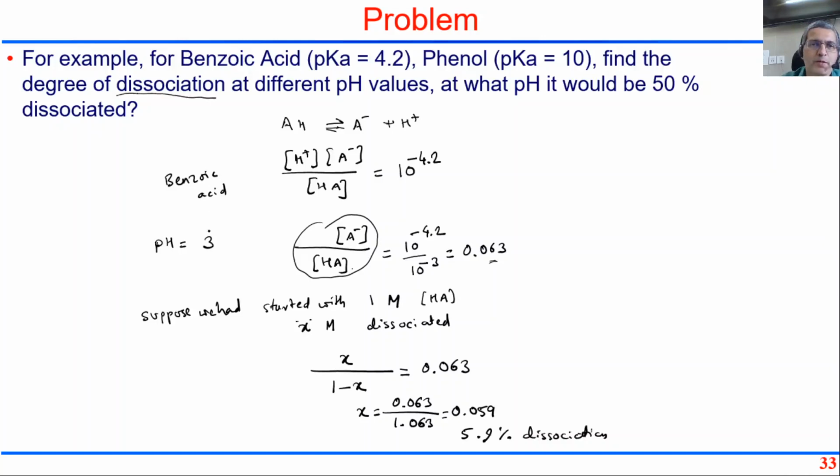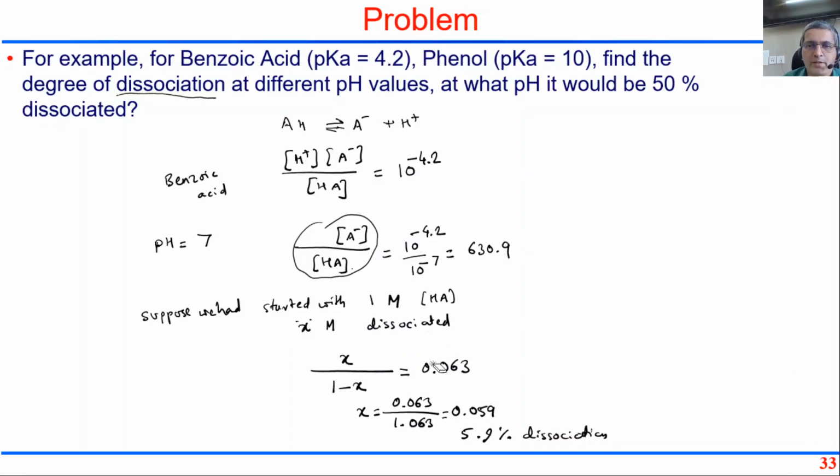Right? So suppose I had taken pH 7, then this would be 10 raised to minus 7, and this number would be 10 raised to minus 4.2 divided by 10 raised to minus 7. This would be 630.9.